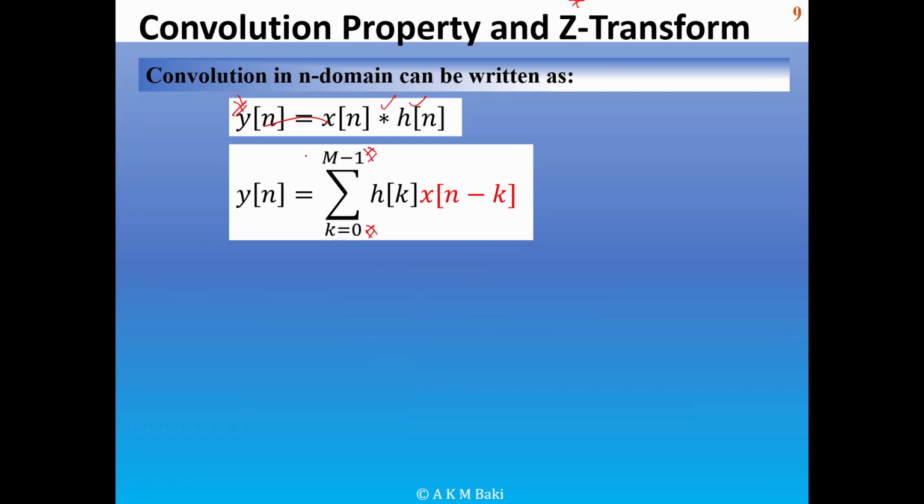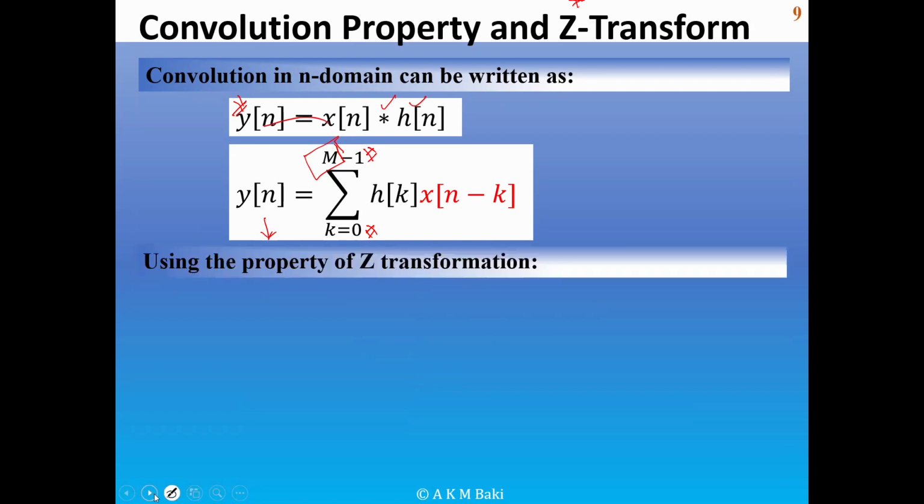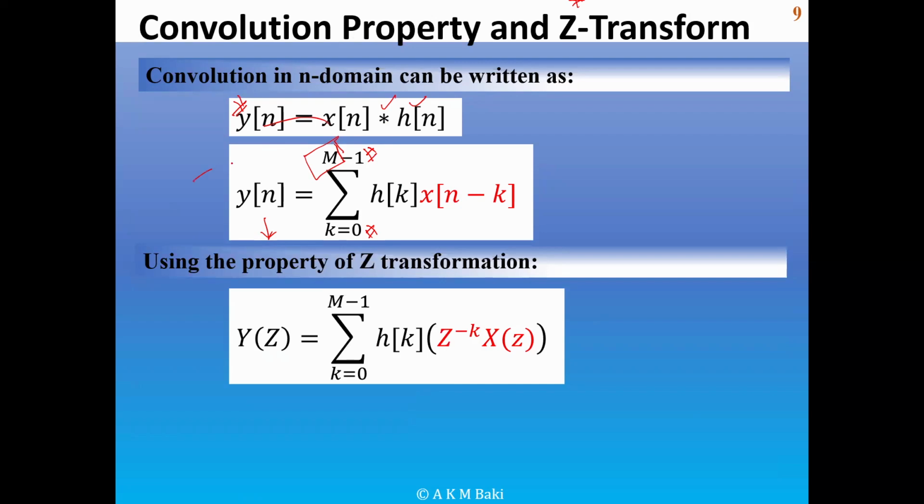It will depend on the given value of m. Now this equation can be rewritten in this form: y of n, assuming that we are doing the transformation.